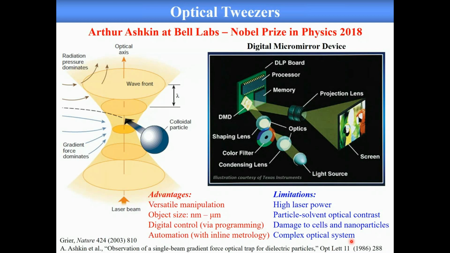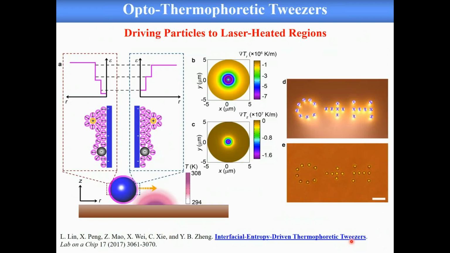Now we ask ourselves, how can we overcome some of these disadvantages and still take advantage of the versatility of optical manipulation, so we can bring this concept into the nanomanufacturing domain? That's exactly what we have pushed into. What Zheng has been working on is, instead of using optical force, which obviously needs high power, can we still use optics but with very different working principles?